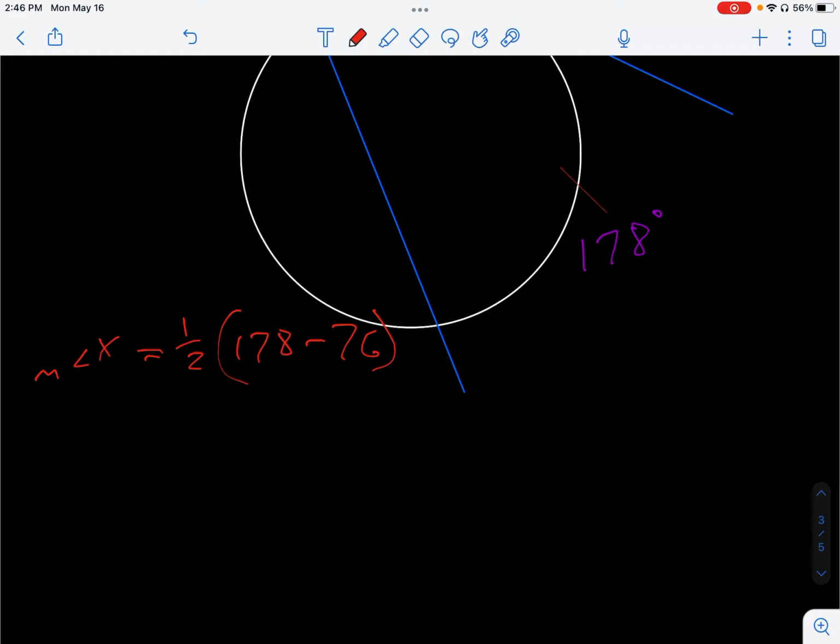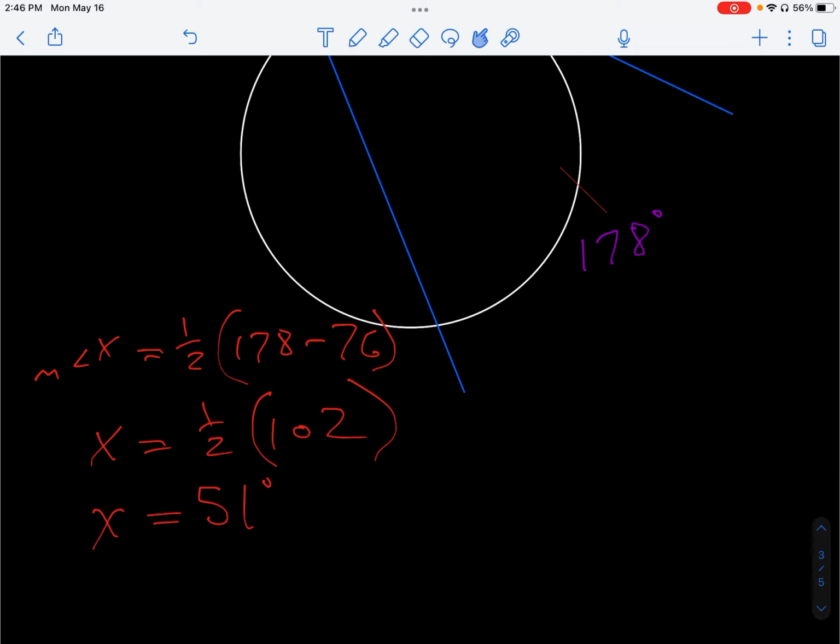So here we have x equals 1/2 of 178 minus 76, which is 102, or x equals 51 degrees.